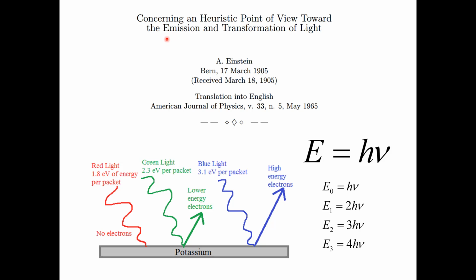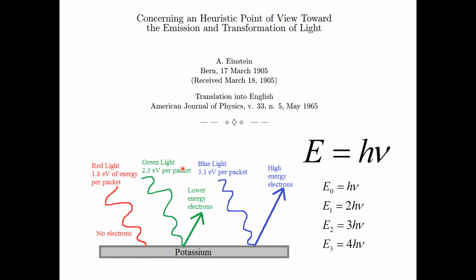Just to remind you, the photoelectric effect is the observation that when you have an alkali metal like potassium, if you shine different wavelengths of light on the metal, under some conditions you will eject electrons. If the light is red, then you will not eject any electrons.